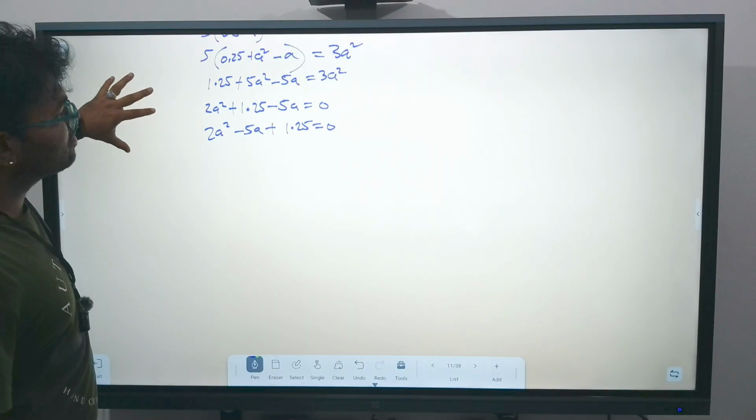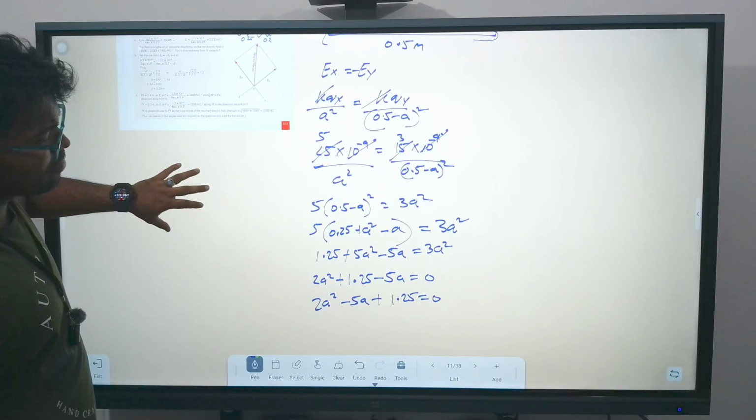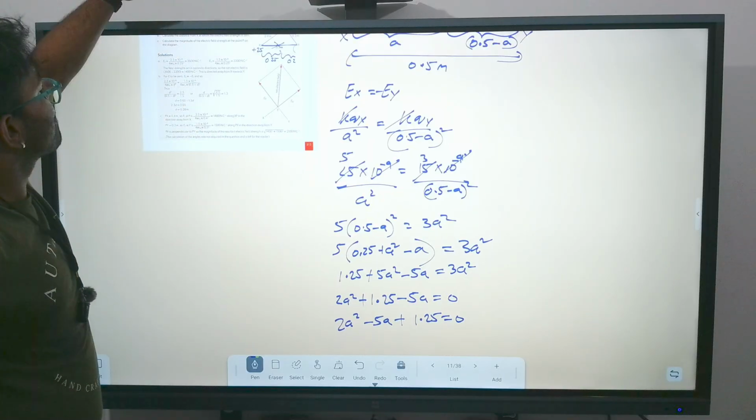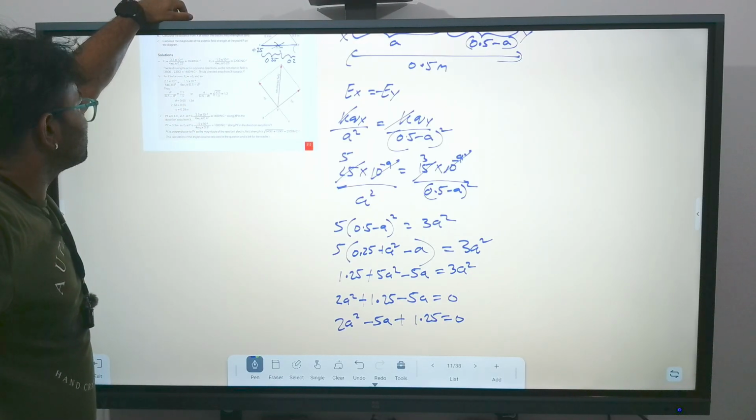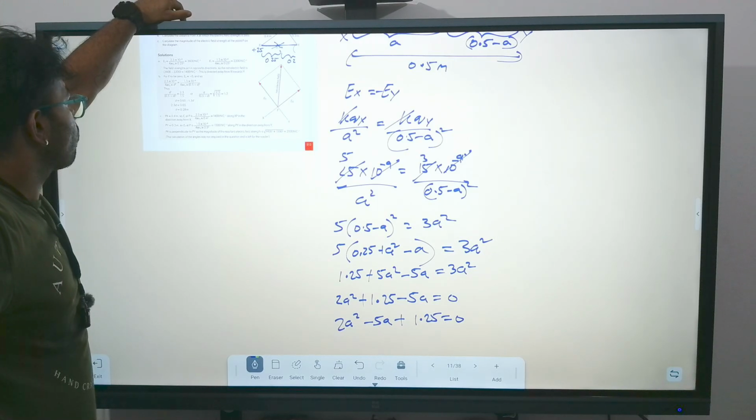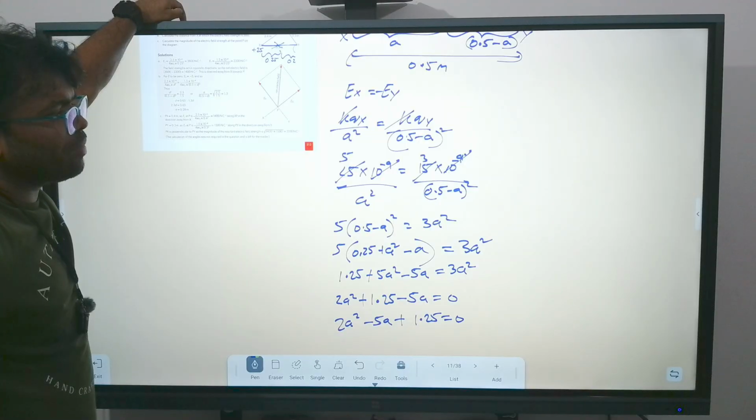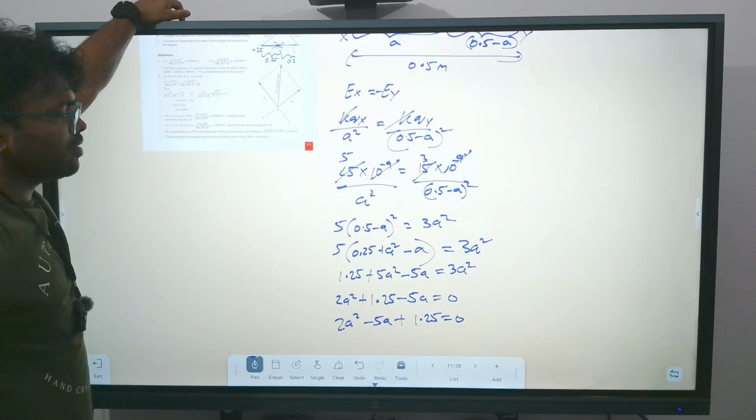Okay, what is the answer? Oh, I always forget the other method. The other method is super cool. Just give me 1 second.